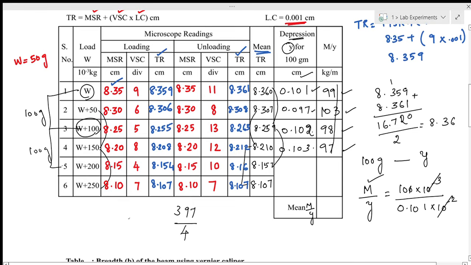Divided by 4 will give you 99.25. So this is the mean M by y ratio, 99.25. M is in kilogram, y is in meter. So this is the relevant unit.